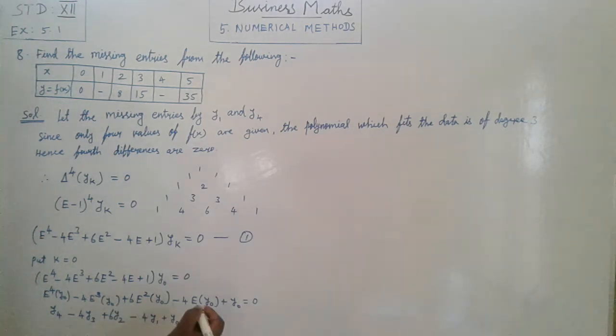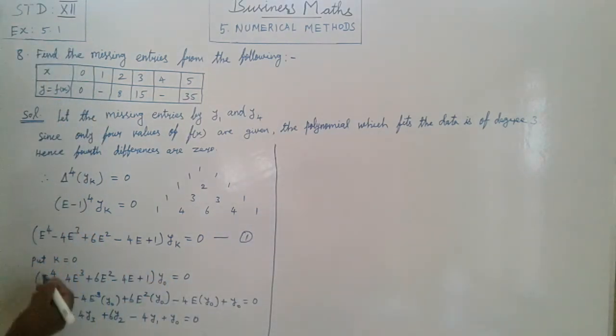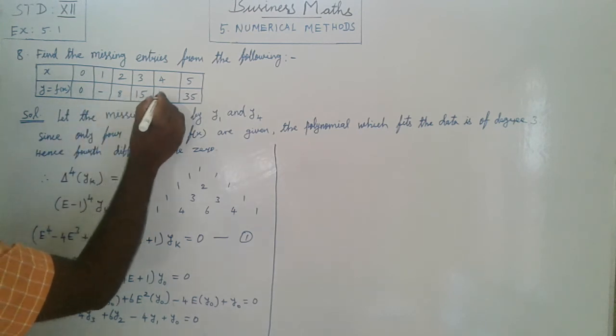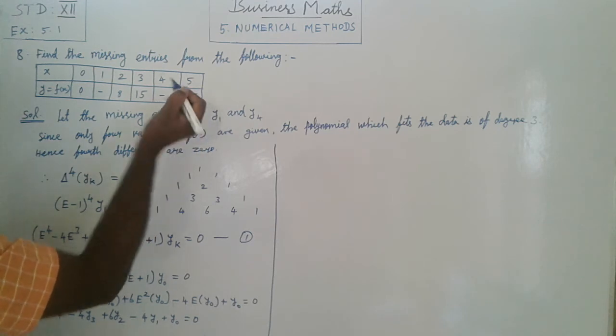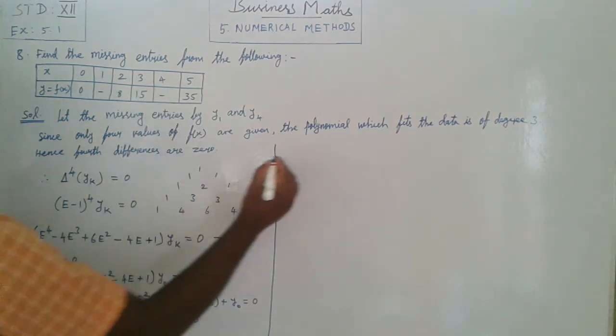So we should substitute this value. y naught, y1, y2, y3, y4, next y5. We should substitute now y4. Y4 is what we should find out. So y4.